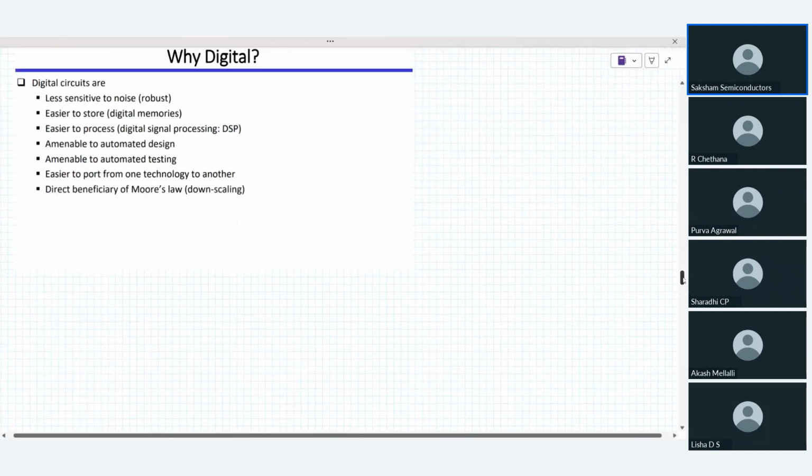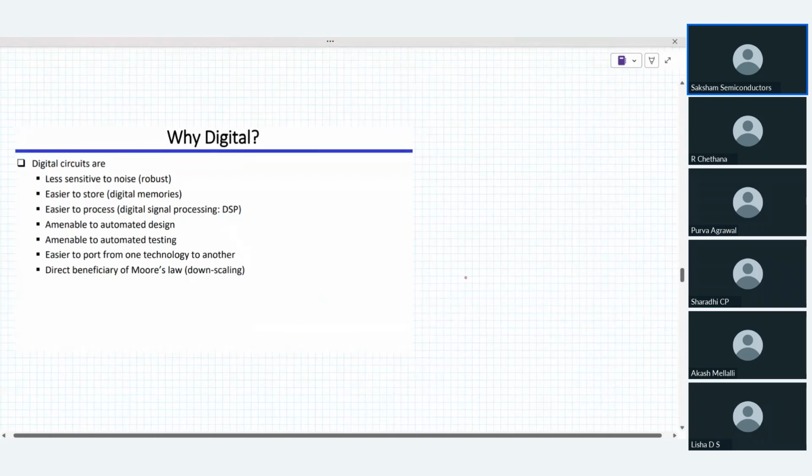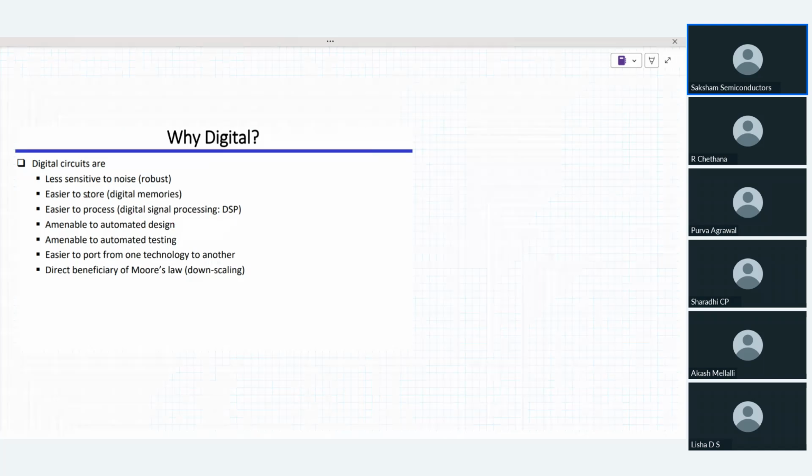But the reason why we went for digital, the era of digital started because they were effectively less sensitive to noise, easier to store, easier to process. They are good for automated design, and easier to port from one technology to another. Now you may ask how they are good for noise.